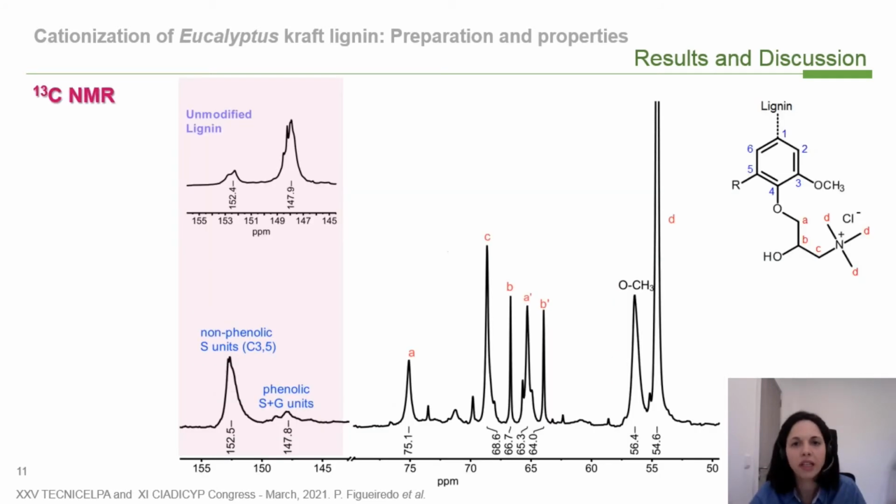Further confirmation of lignin modification was accomplished by carbon-13 NMR spectroscopy. First, the significant change of the peak pattern is evident in the aromatic region.